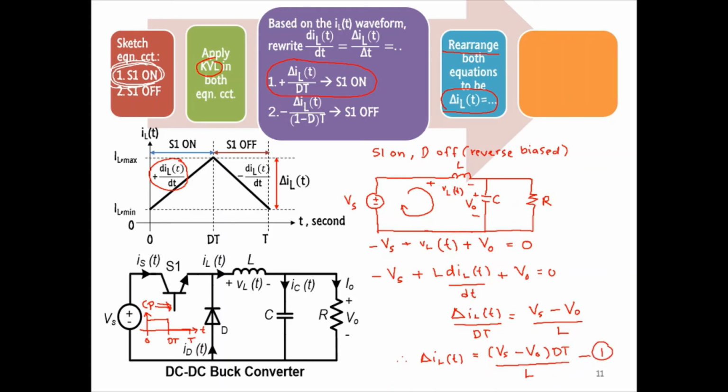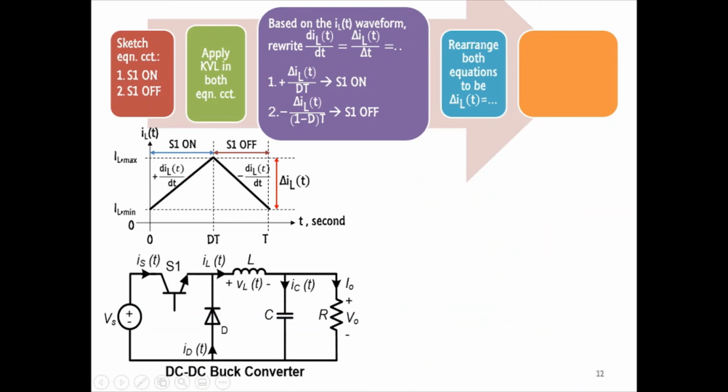From this circuit analysis, equation 1 represents the change of inductor current equation when S1 is turned on. Now, we will repeat the same procedures to obtain the equation of the change of inductor current when S1 is turned off.